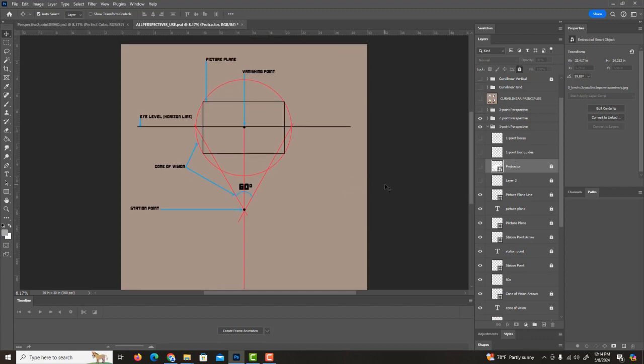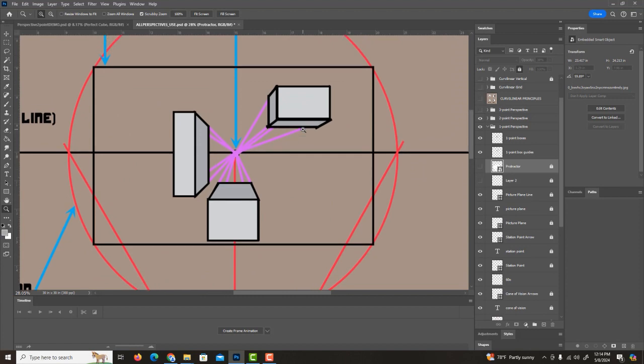And now to draw a box inside this space, we need our vanishing points. Well, our one point perspective has one vanishing point. There's our vanishing point. So we are going to draw our lines out from that vanishing point, and we will get our shapes. So remember, with 1 point perspective, all of your depth lines converge back to a single vanishing point, but your horizontal lines and your vertical lines are straight.